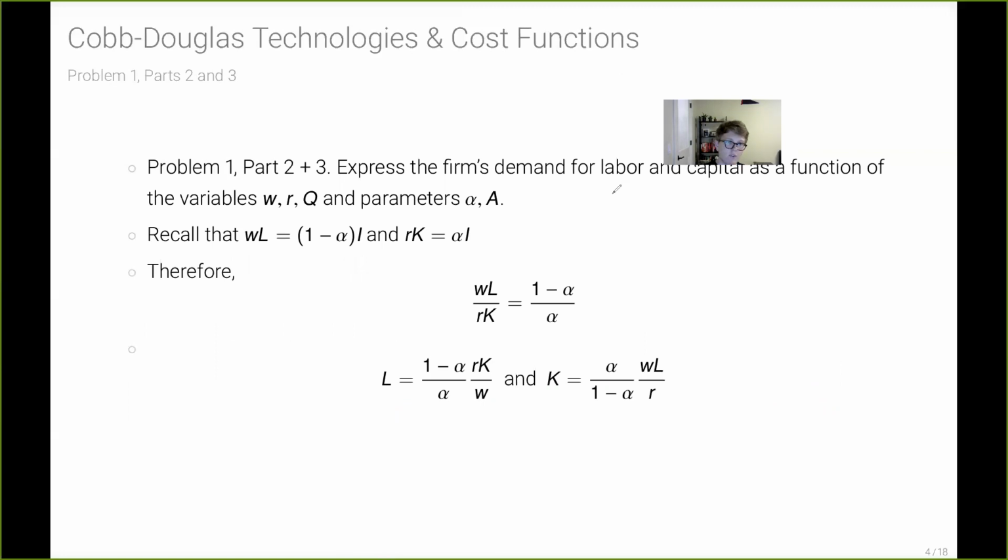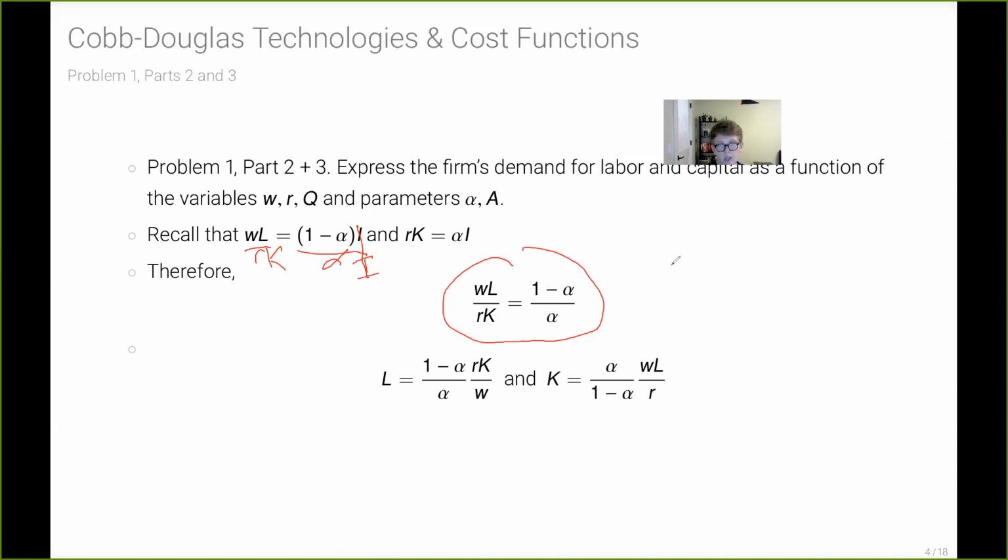So the first step is just to recall that I have this. And then what am I going to do here? All I'm going to do is divide WL by RK. So what's that going to give me? It's going to give me WL over RK, divided on the right-hand side by (1 minus alpha) I over alpha I. And so these alphas cancel out, and we're left with this expression here.